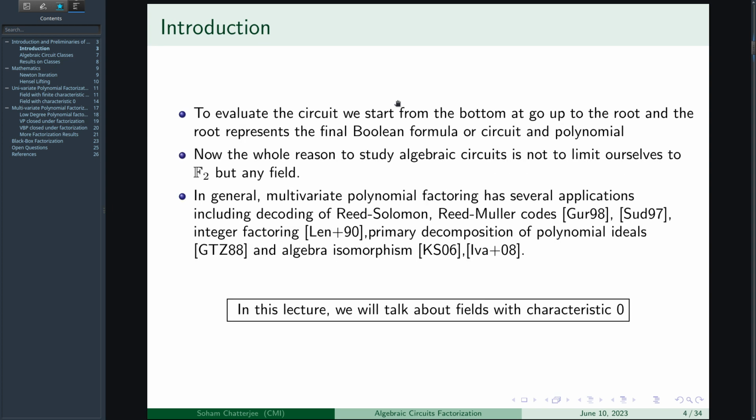Boolean circuits have only two inputs, 0 and 1, and that restricts us too much, so we cannot say much about those circuits.